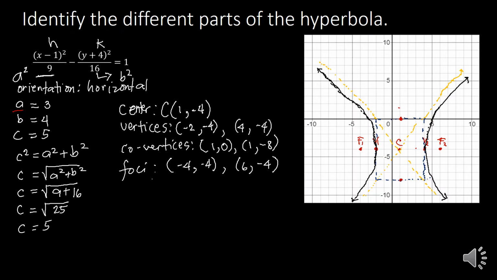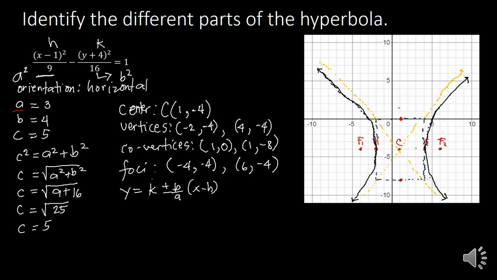Now, once you're done graphing that one, we can simply identify our equation of that asymptotic line. We will be using the formula, which is y, since this is horizontal, y is equal to k plus minus b over a times x minus h.